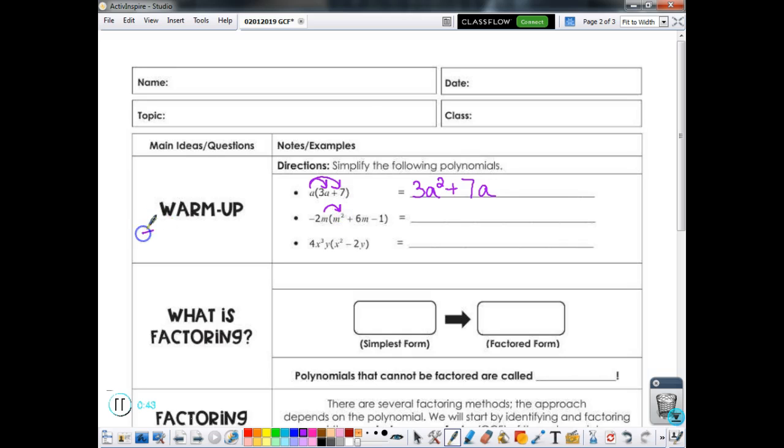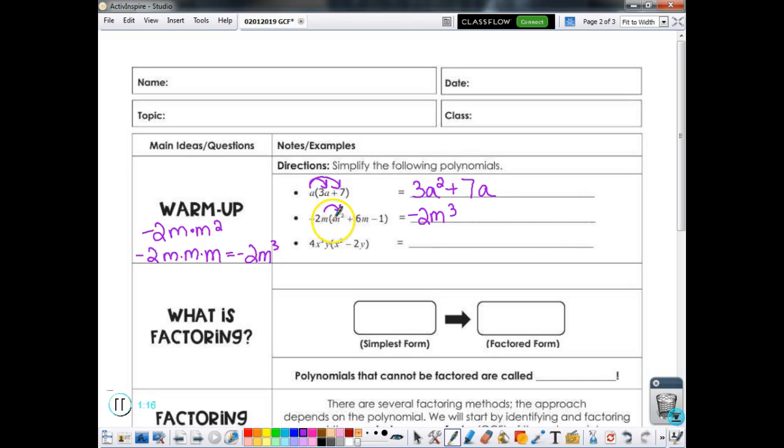So remember, negative 2m times m squared means I have negative 2m times m, which means it's negative 2m cubed. So this is negative 2m cubed.